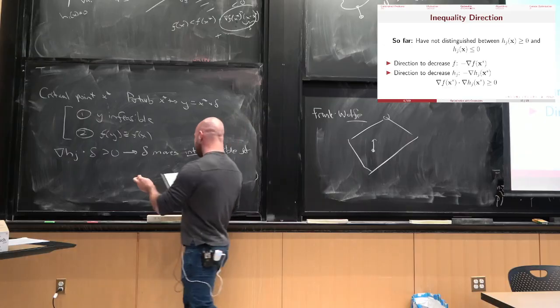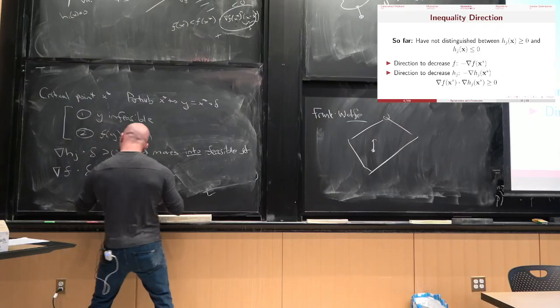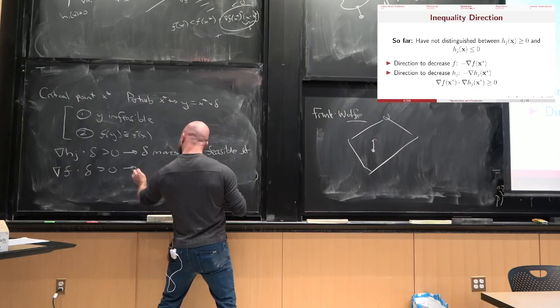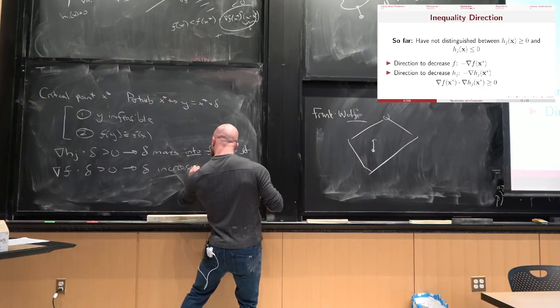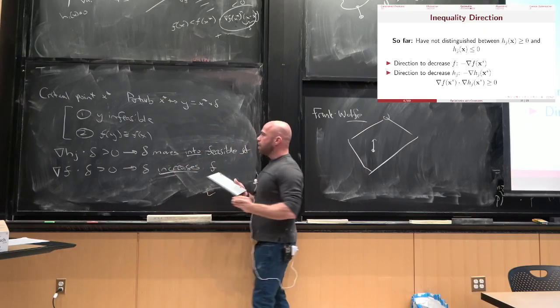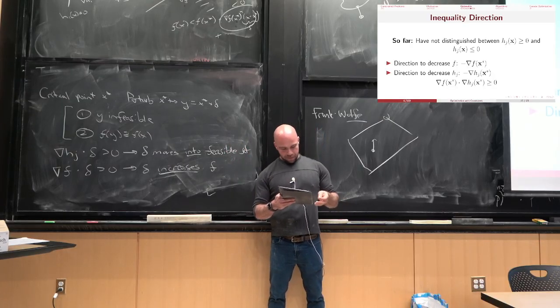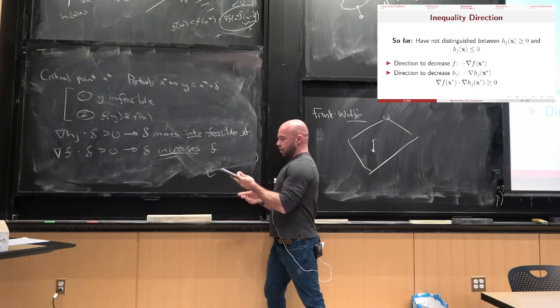Okay. Similarly, if I take the gradient of f and I dot product with delta and I get greater than 0, this means that delta increases f. And notice that this is going to help us with these two conditions here. Okay? All right. So here's what we want.